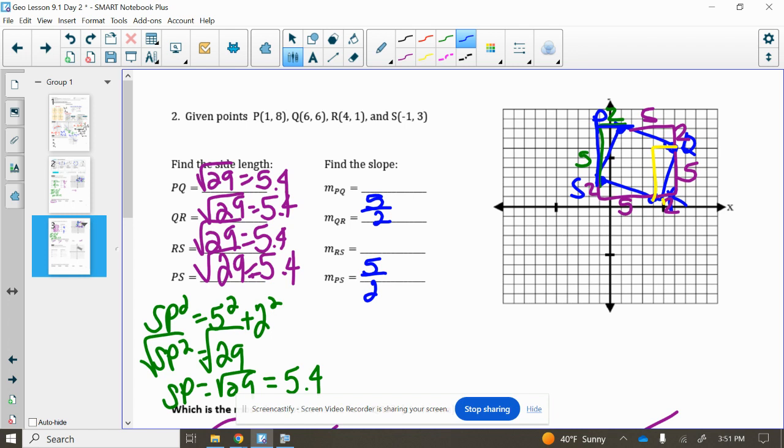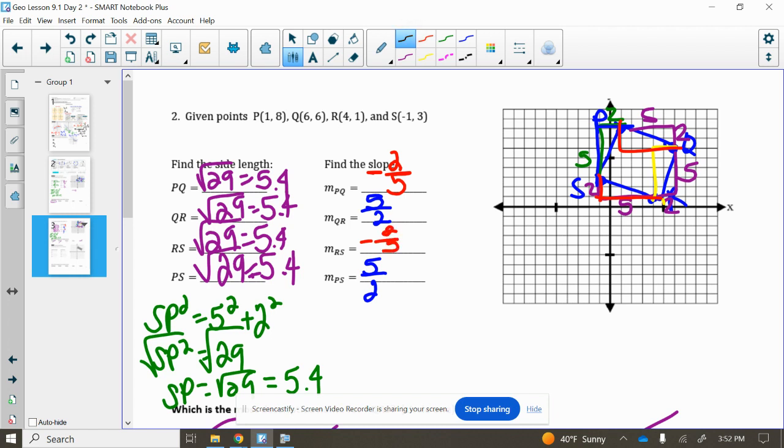Now we have to be careful though when we are looking for the slopes of PQ and SR, because we go down to the right. So notice we have this decreasing down to the right 5. Same thing over here, decreasing slope from S to R down to the right 5.